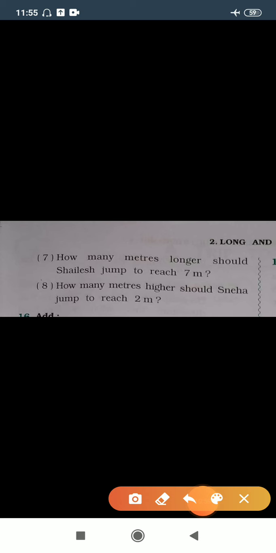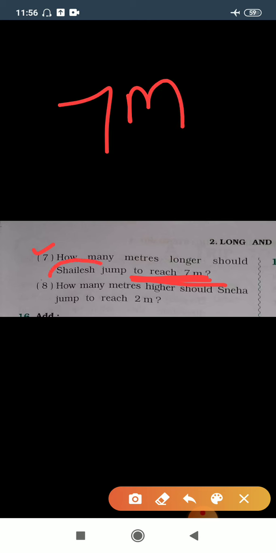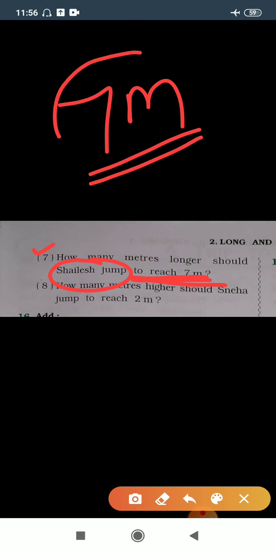Now students, question number 6 you need to find out by yourself in homework, because question number 5 and question number 6 they both are similar in calculation. Now students, question number 7, how many meters longer should Sailesh jump to reach 7 meter? That means the given is 7 meter and we need to subtract the Sailesh jump from 7 meter, so we'll get the difference.